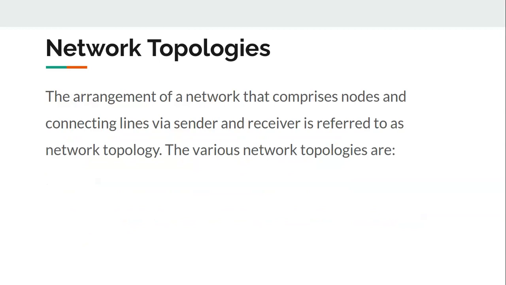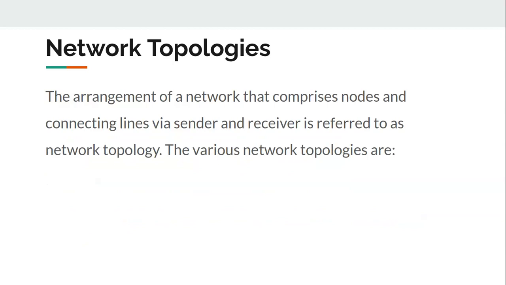You who is using the network, your own devices to connect to the network, you can be referred to as a receiver. So we say that the arrangement of that network, remember we say it's a structure, an architecture, and then between the network devices and the connecting lines between you, the user, and the administrator or the server is what we call the network topology.